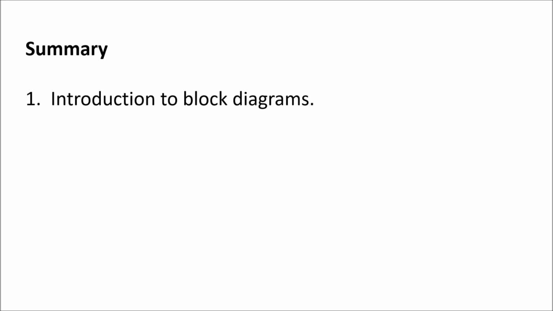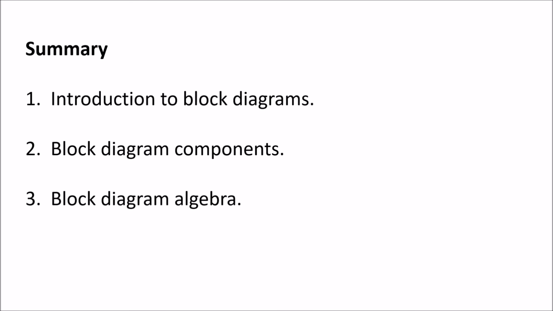All right, so to summarize what we talked about today, we first started out by introducing what a block diagram or a signal flow diagram is. We then looked at different components that make up a block diagram, namely blocks, which represented individual smaller subsystems, but you could also have things like branch points or summing nodes as well. And then we looked at the most important part of block diagrams, which was block diagram algebra or block diagram reduction.